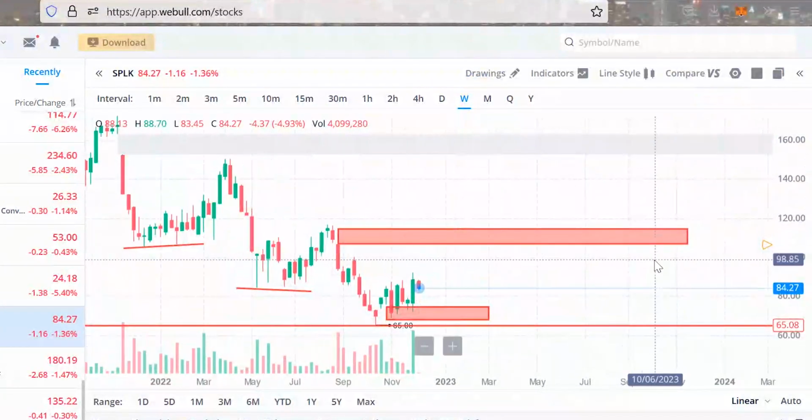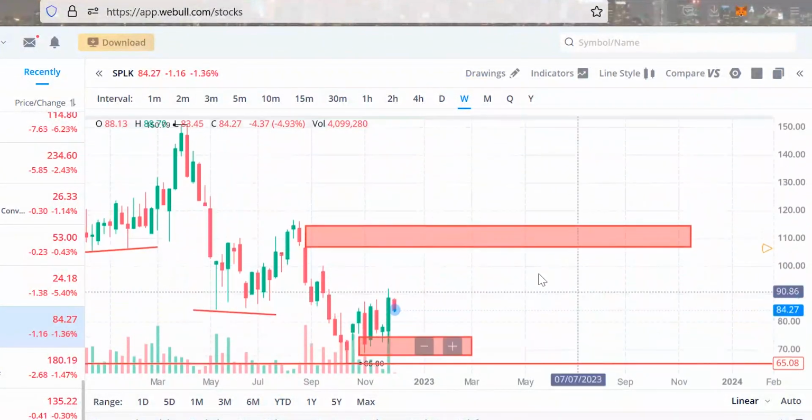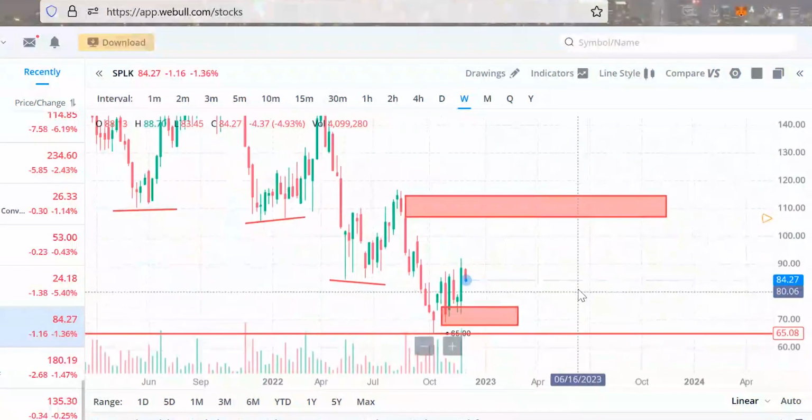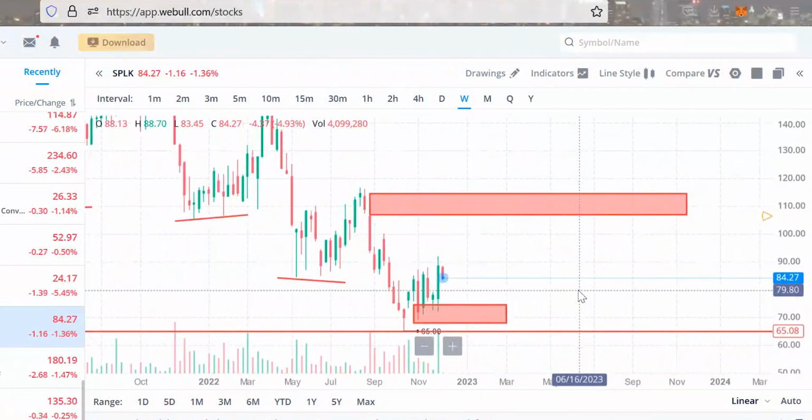I am not in that game at all. I'm in the game of I have a system and I follow my system, and I keep doing it over and over and over. And that's where I outperform most people because they don't have the patience.